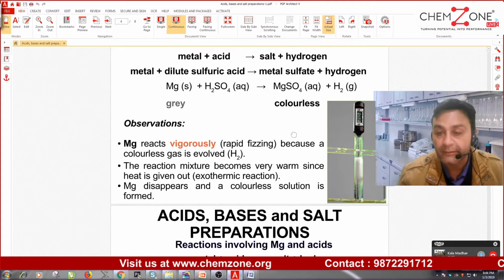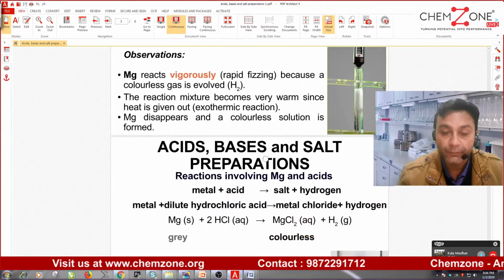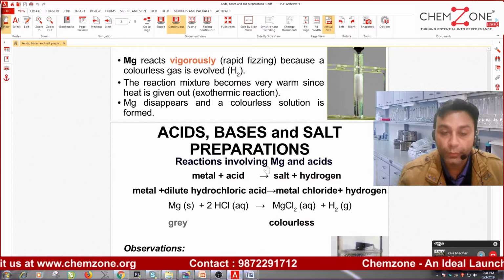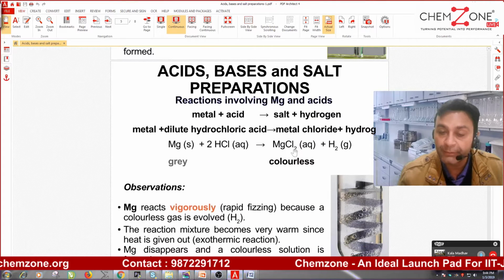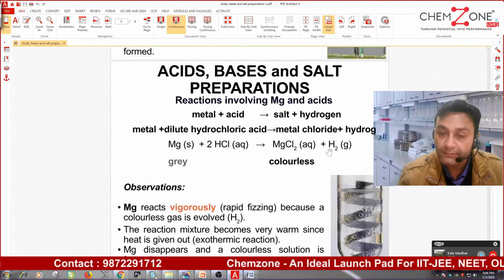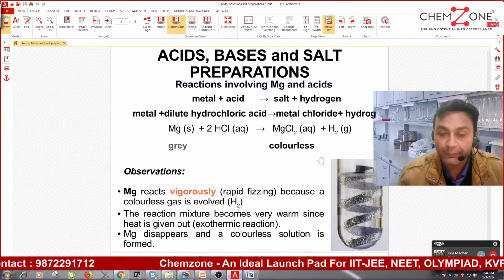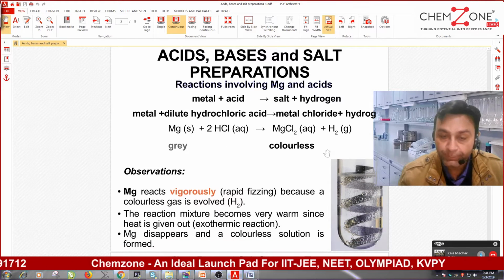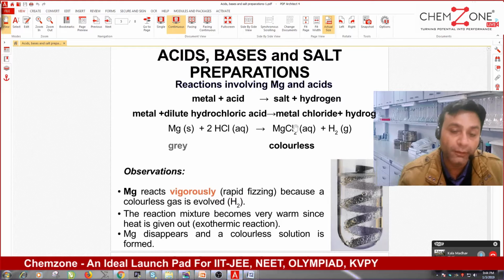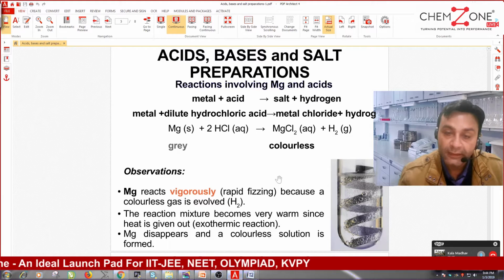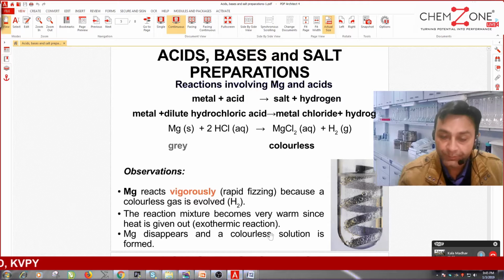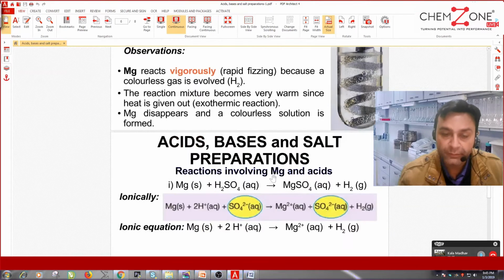With HCl, it will form MgCl2 and H2 gas, with rapid fizzing, a colorless solution, and heat liberated. Any doubt in these reactions? It's simple.